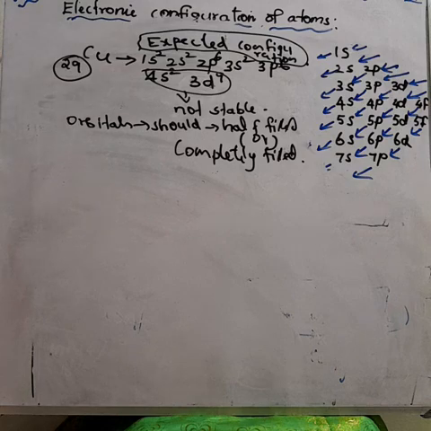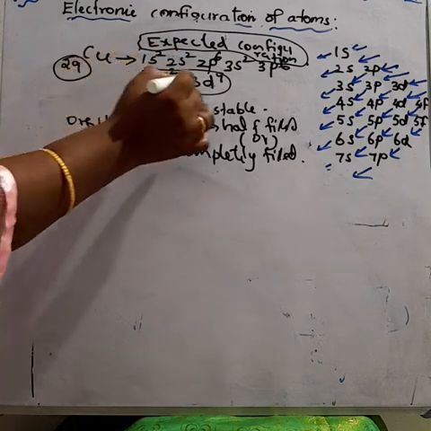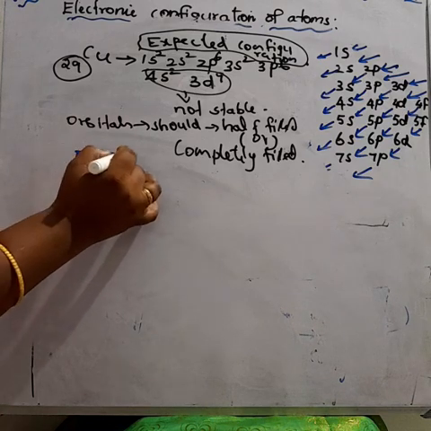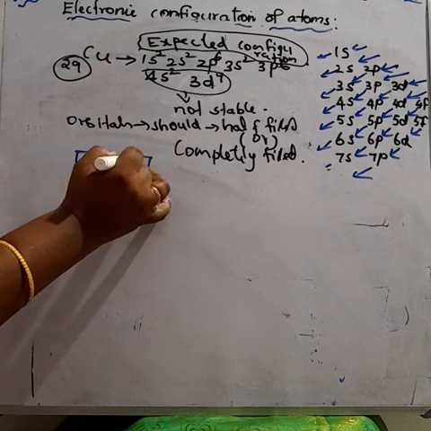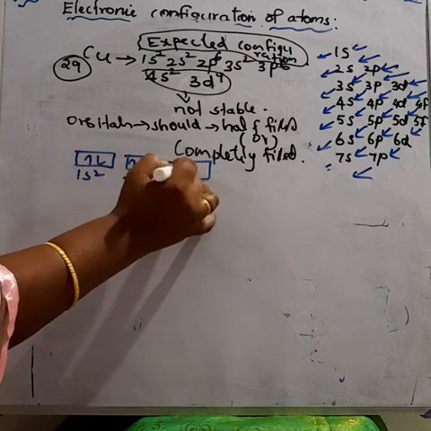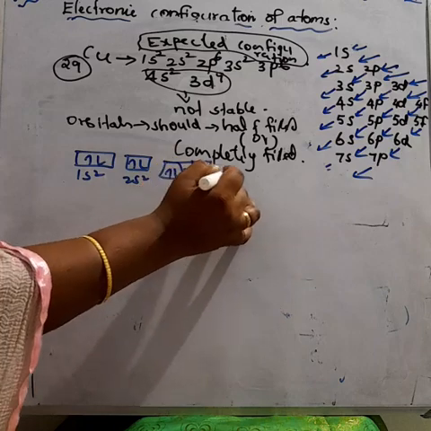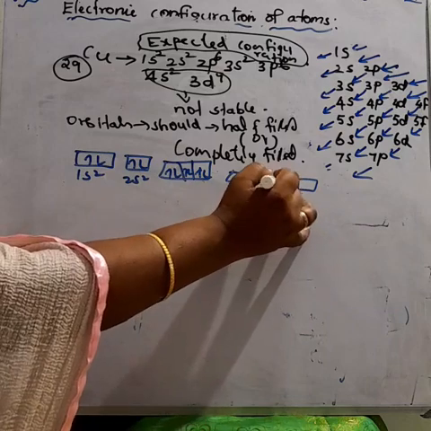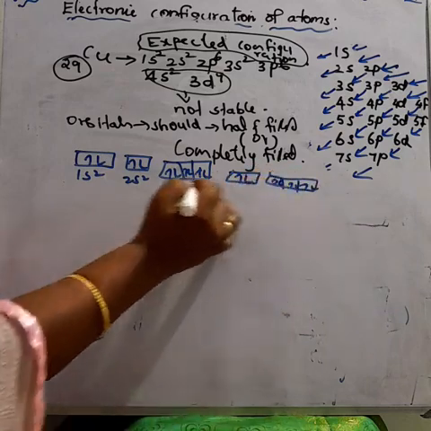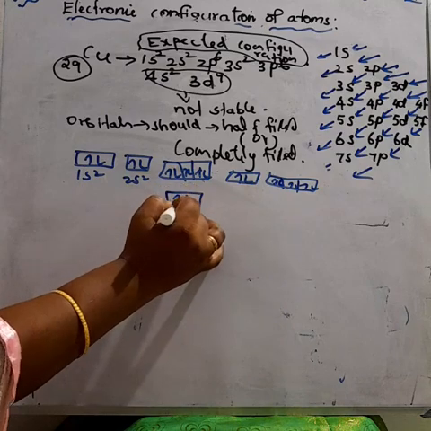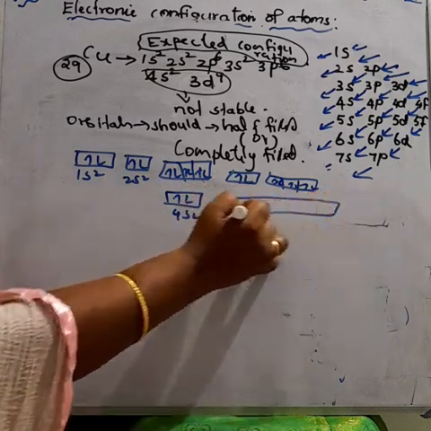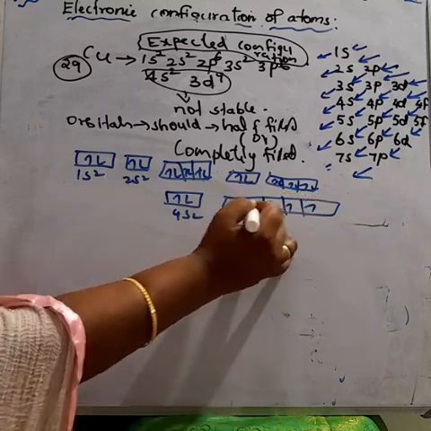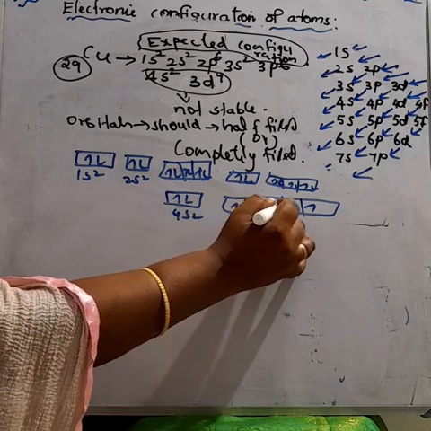Then copper also, here 4s2 3d9. When we write the orbital diagram: 1s2, 2s2, 2p6, 3s2, 3p6, 4s2, and 3d9. The d subshell has 9 electrons in total: 1, 2, 3, 4, 5, 6, 7, 8, 9.